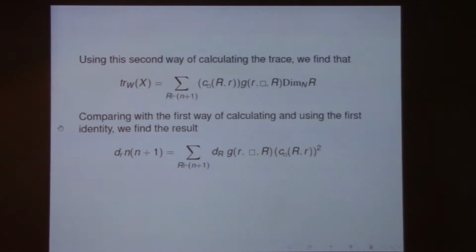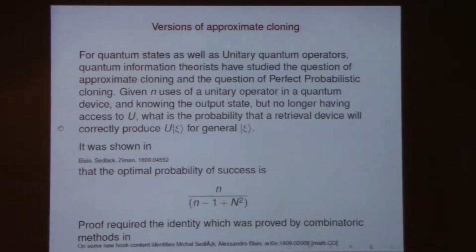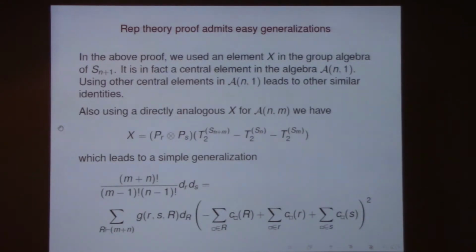This had to be true for them to be able to prove this bound on the success. And so one interesting thing is that the proof that we gave for this identity that was crucial, basically it used some properties of this algebra, AN1.